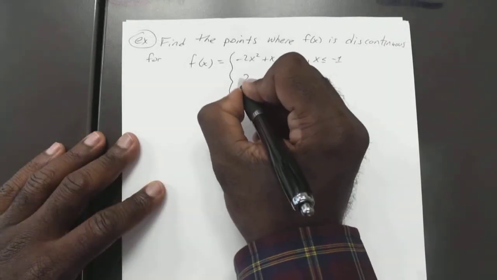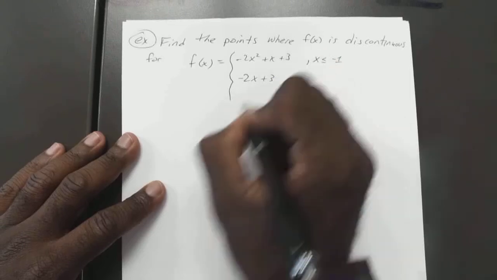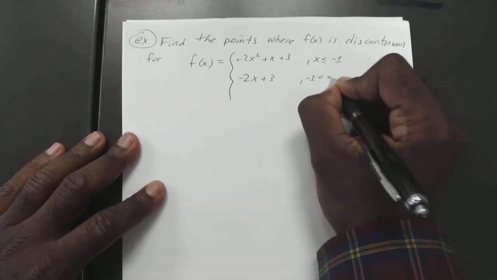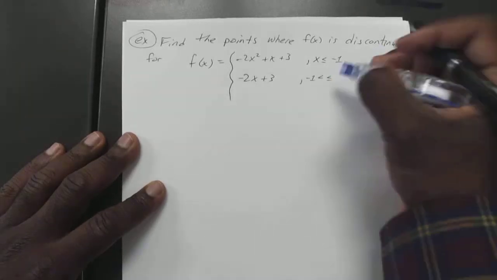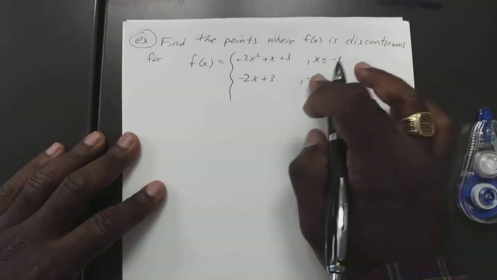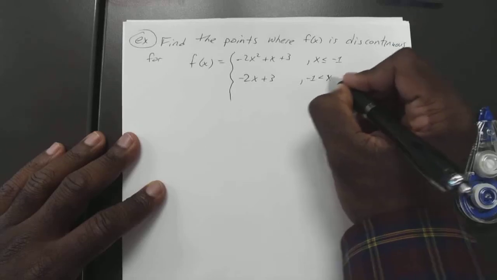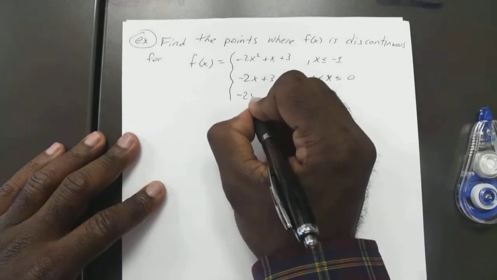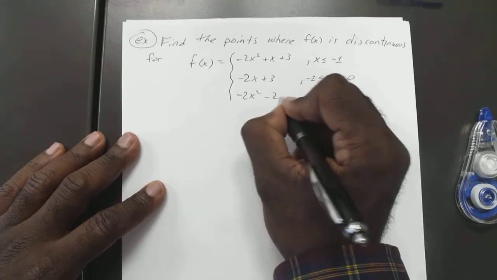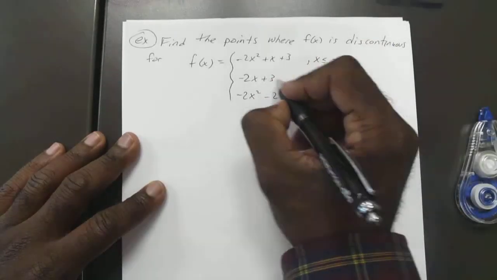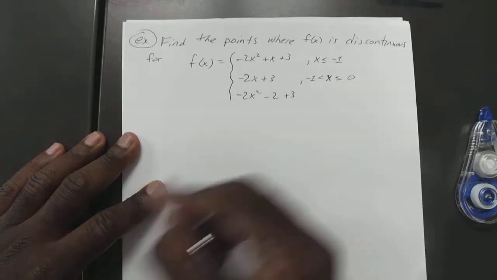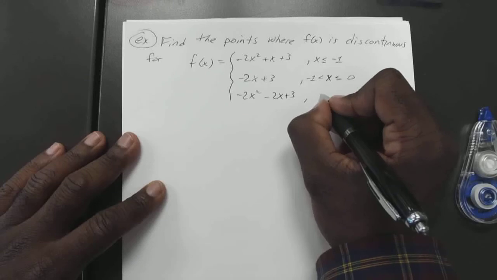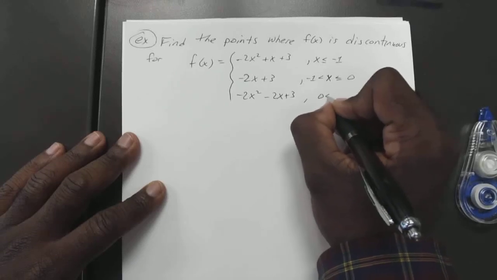It's negative 2x plus 3 if x is between negative 1 and 0. And let's say it's negative 2x squared minus 2x plus 3 if x is greater than 0, or 0 is less than x.